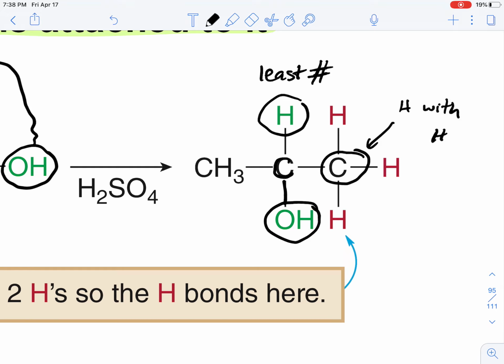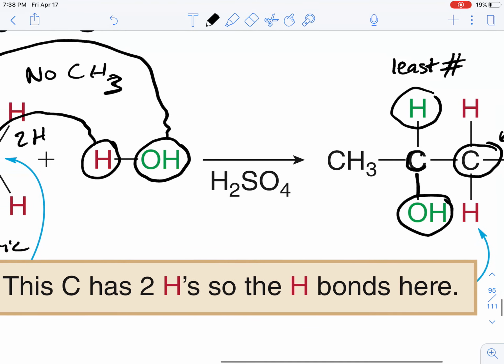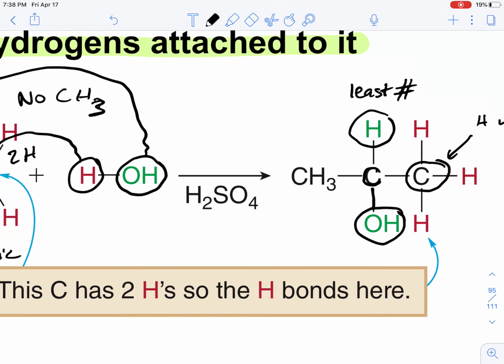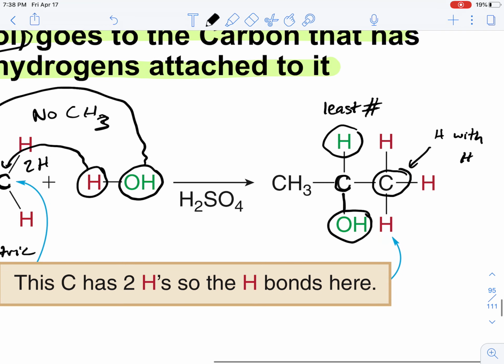So think about it like a party, right? You go to a party where you're familiar with people, whether they're friends or your family. There's a comfort in going to a party where you know everyone. And so hydrogen wants to go to the party, so to speak, that has other hydrogens in it.